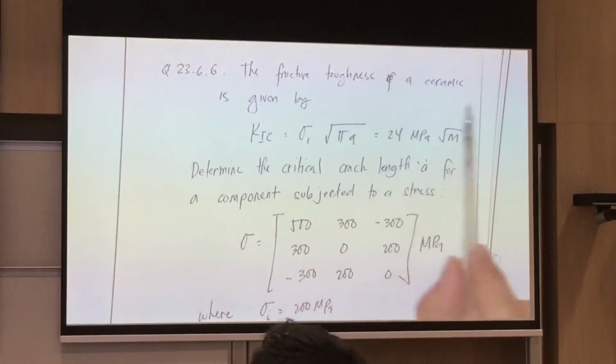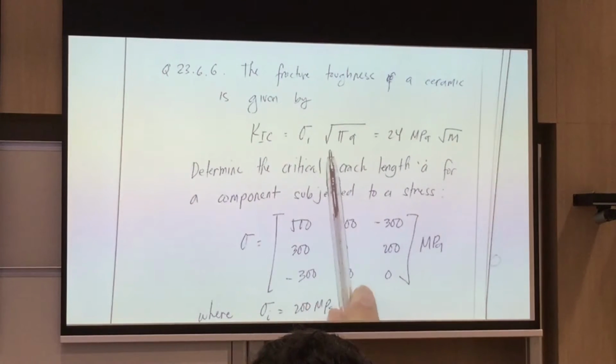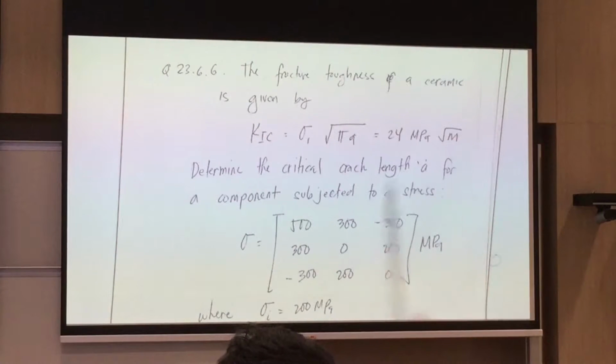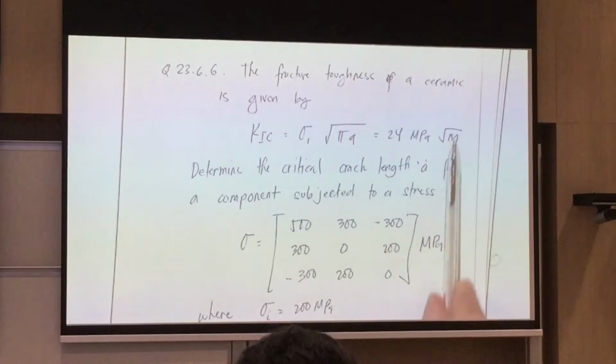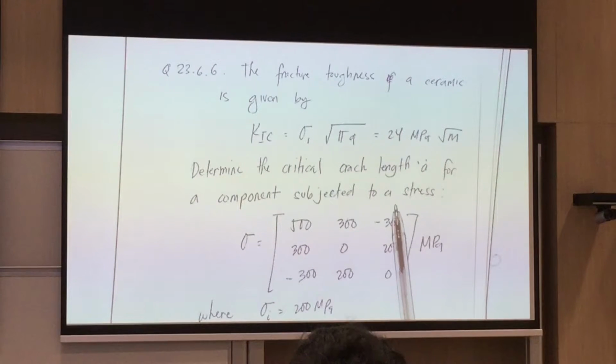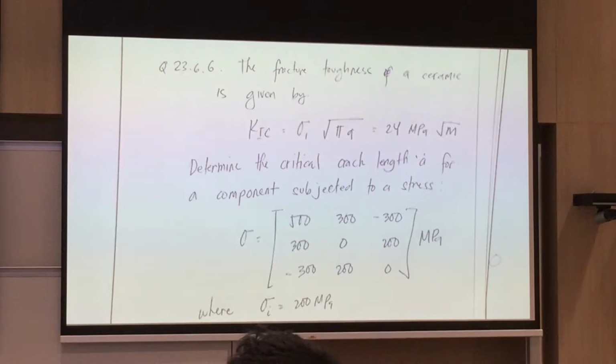The fracture toughness of the ceramic is given by sigma 1 root pi A equal to 24 megapascal root meter. Determine the critical crack length A for a component subjected to a stress. So this is now our state of stress, wherein one of the principal stresses is equal to 200 megapascal.